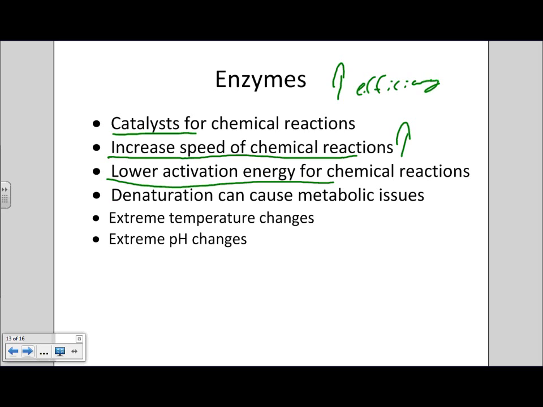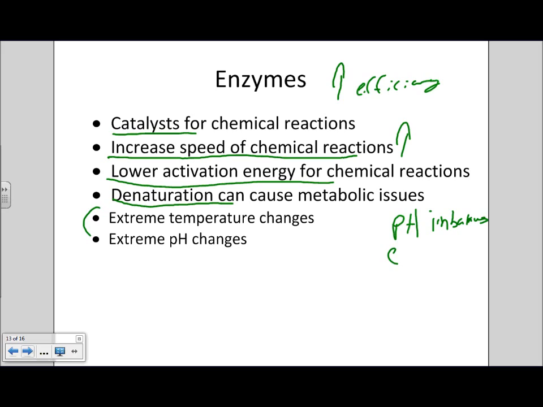And basically, as I mentioned earlier, if we denature enzymes, you are going to see metabolic issues. So again, that goes back to what I was saying. If you see pH imbalances, you're going to see metabolic pathologies.